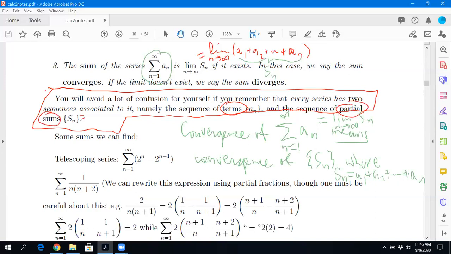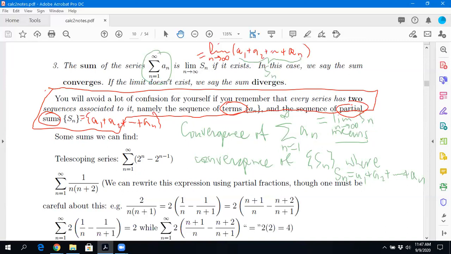And by the way, this thing can be rewritten as a1 plus a2 plus dot, dot, dot, plus an, right? So it's a different sequence where you've kind of added together the first n terms of the other sequence, yeah? So there are two things going on. You have the terms themselves, but then you also have the sequence of partial sums arising from them.